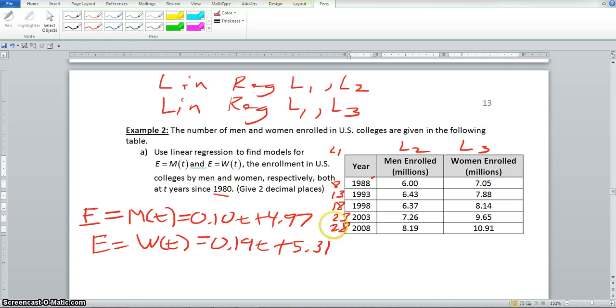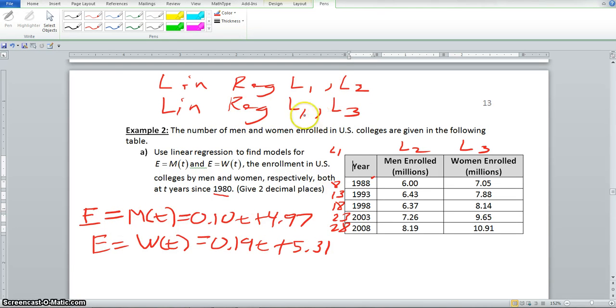L1 will be the year values, L2 would be the men values, and L3 will be the women values. So now what you need to do is enter these values into your calculator to find the linear regression formula. The first linear regression formula you will use is using the data from L1 and L2, and that will give you this equation here.